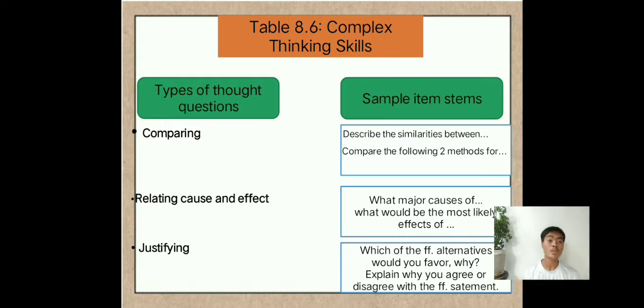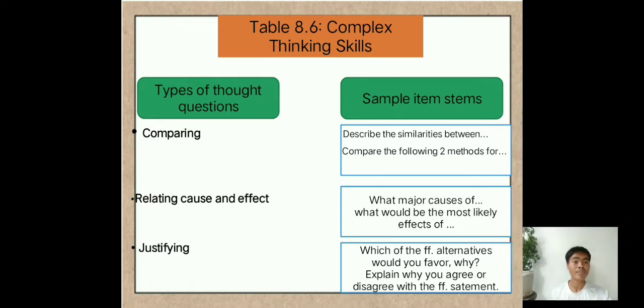The students will be able to compare the two things or situations and look closer, gaining a deep understanding of how to analyze the particular situation or phenomenon. Next, relating cause and effect: what major causes of, what would be the most likely effects of. The students would identify or determine the cause and effect of the situation or the given scenario.